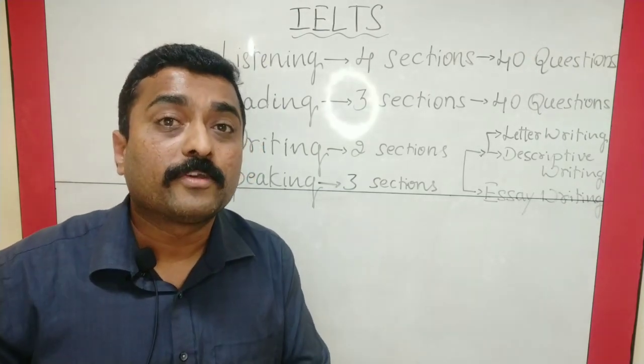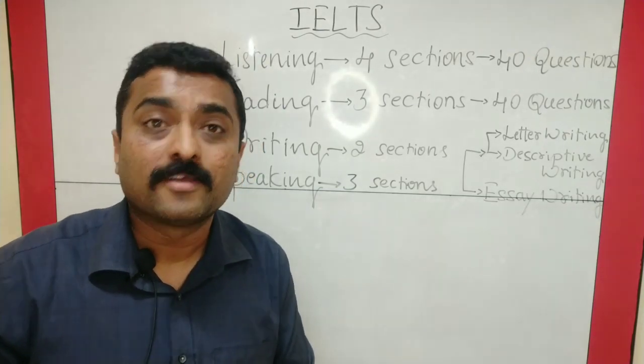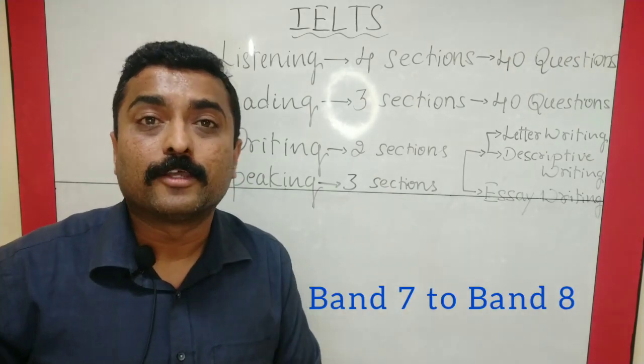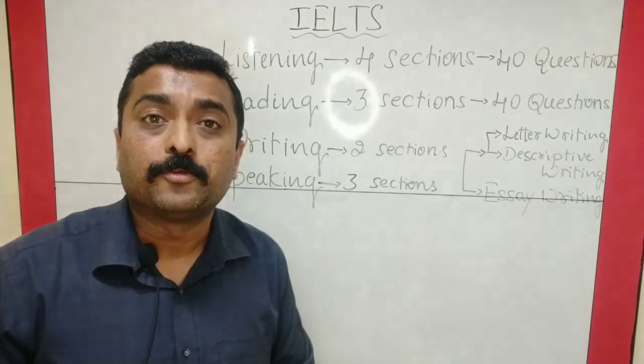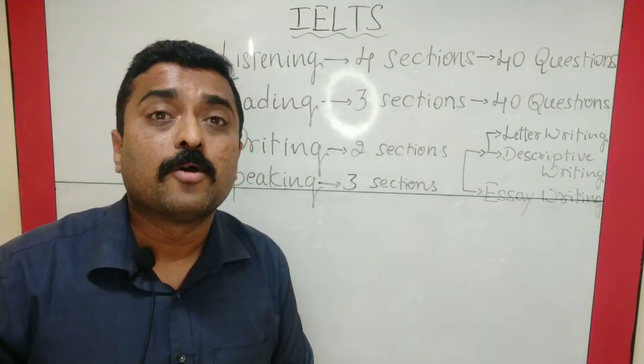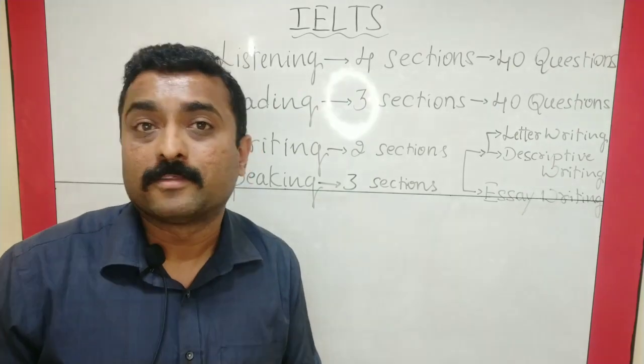So it's always suggested to score somewhere between band 7 to band 8 in order to fulfill your desire to either study in an English speaking country or maybe work there.